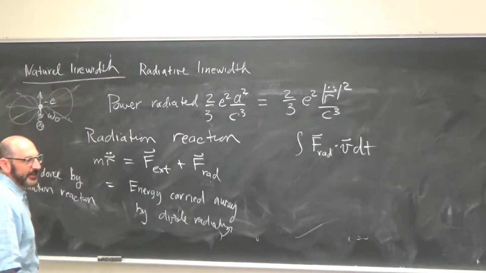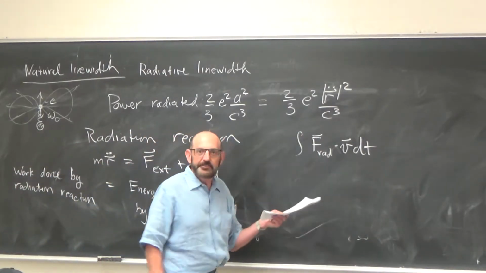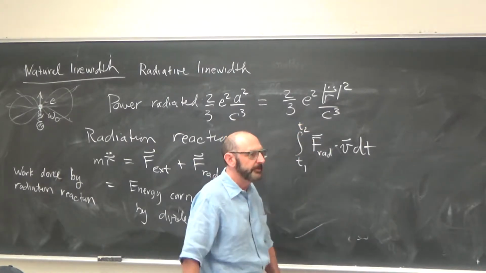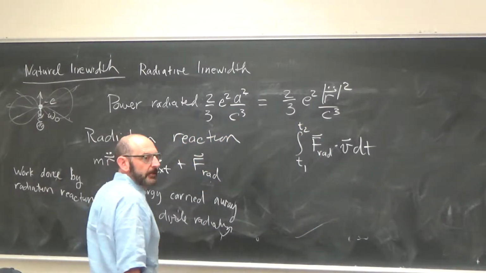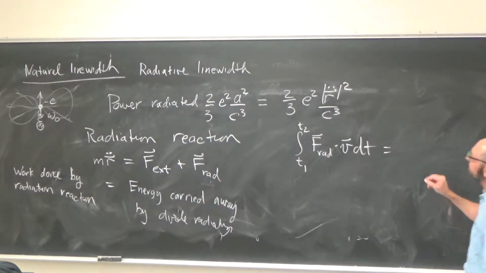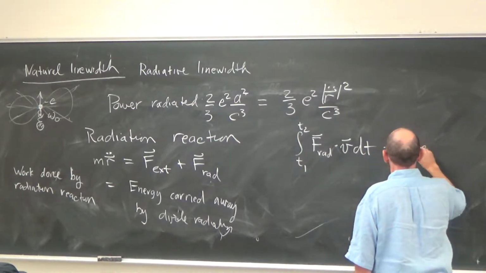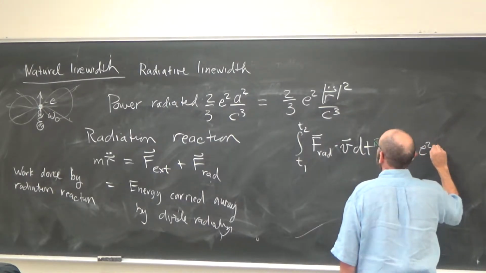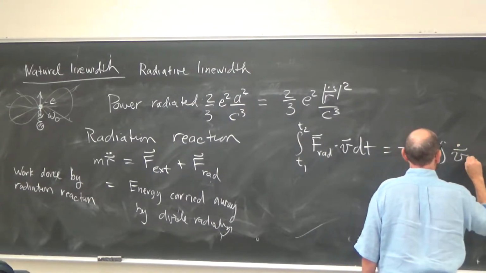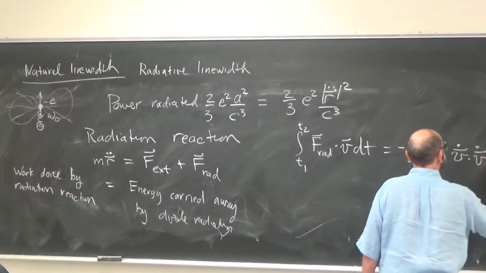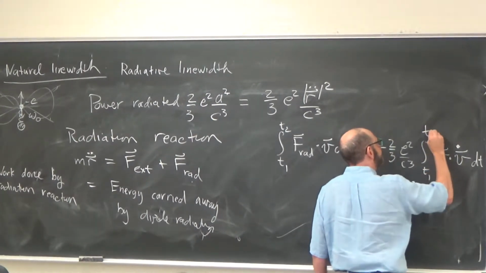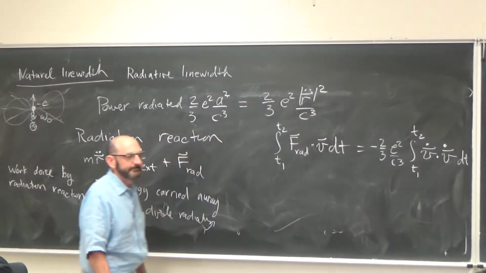That's the work done by the radiation reaction force on the particle, over some time interval, say from time t1 to t2. And that has got to be equal to the decrease in energy, which I'll write as the acceleration, v dot, dotted with itself. Everyone clear on that?